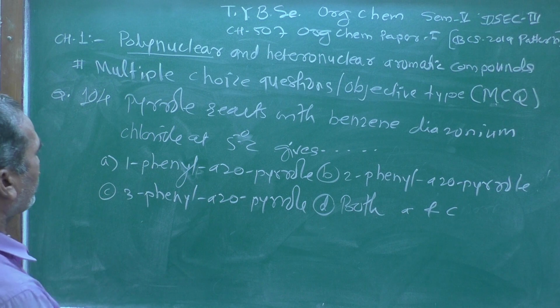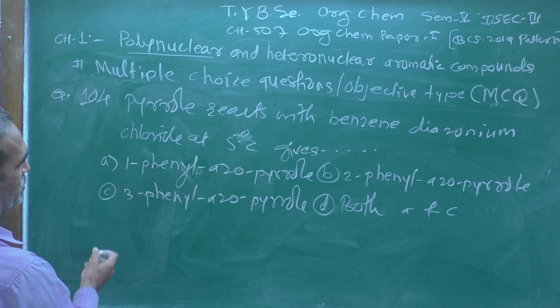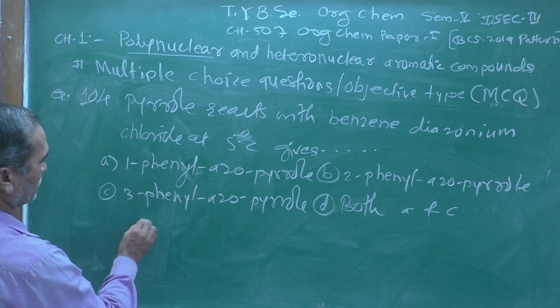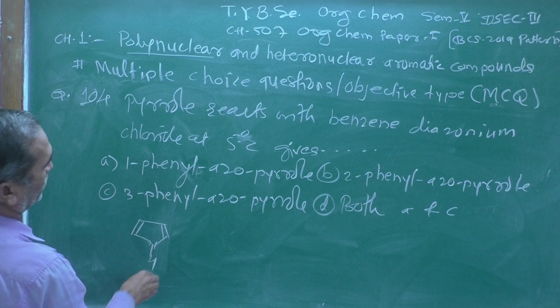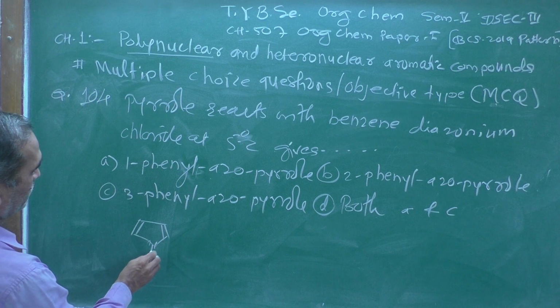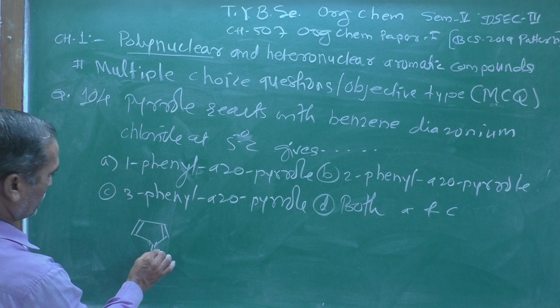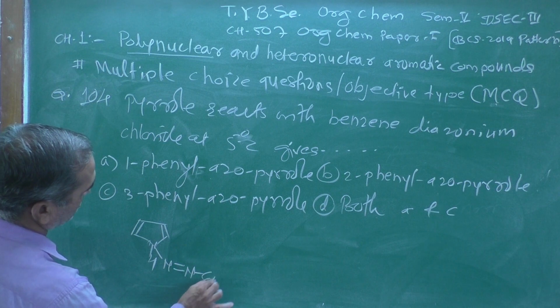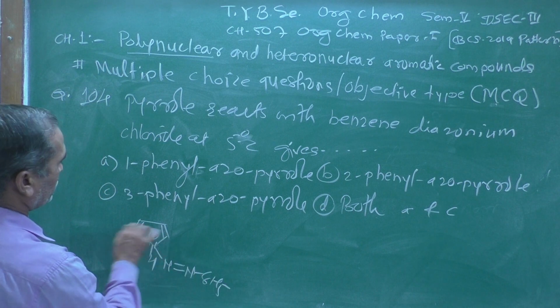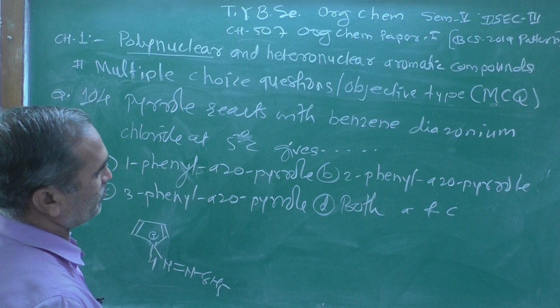Once again, let us see the structures of these compounds. Here is pyrrole, which we know is the moiety, and here this group is attached, N double bond NC6H5, the structure of 1-phenylazopyrrole.